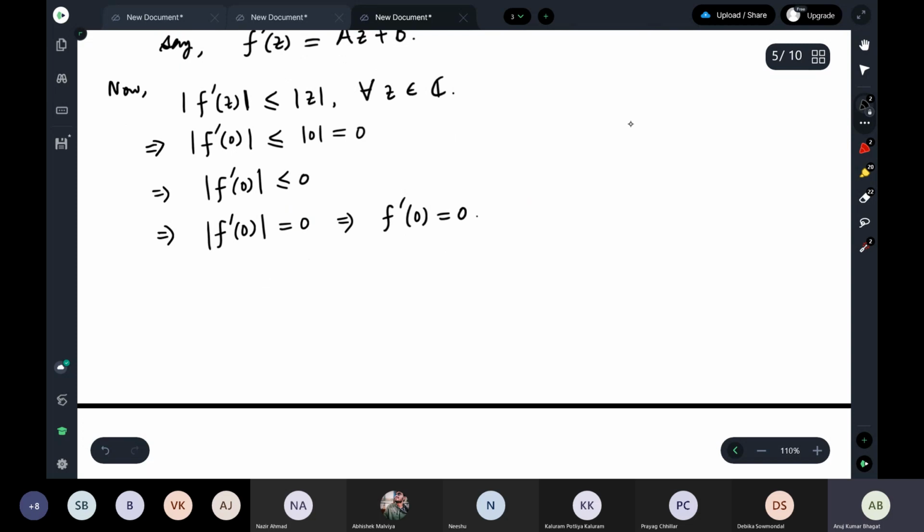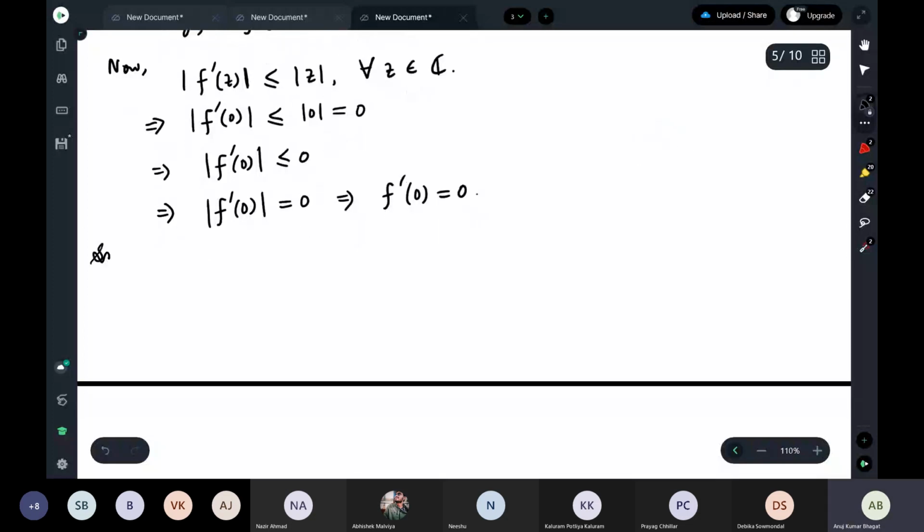Whenever mod z is lesser or equal to 0, that will clearly imply that z is 0. That is the only possibility. Very obvious, right? So I have this quantity that f prime 0 is 0.